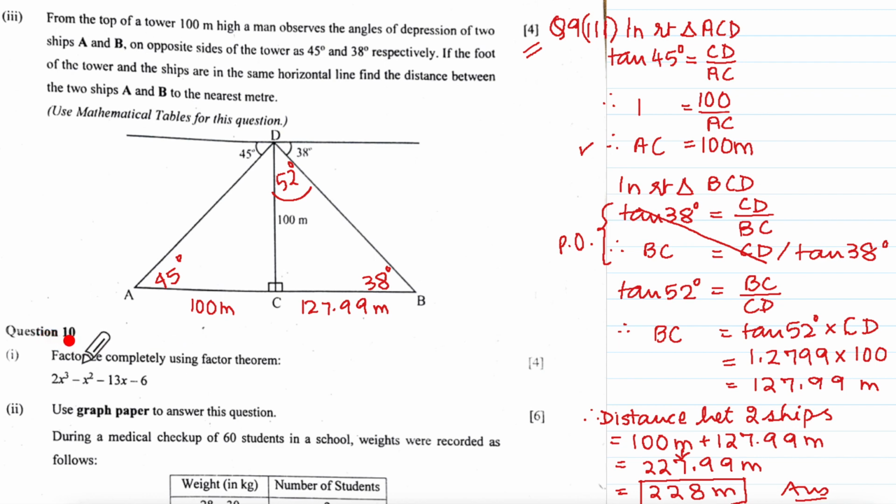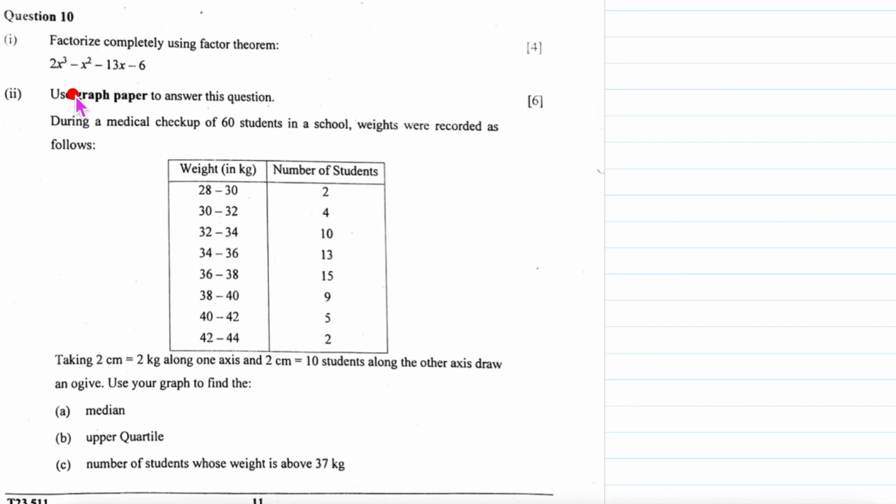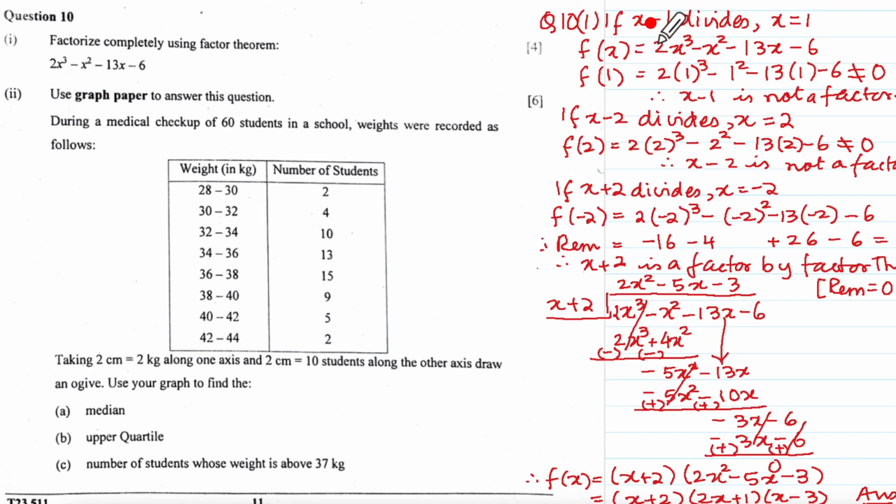Now we come to the last question of the paper. Question 10, which is the last question. First part asks us to factorize completely using factor theorem. So we write this. We'll first try and see if x minus 1 is a factor. So we say if x minus 1 divides, then x minus 1 equal to 0, that will give us x equal to 1.